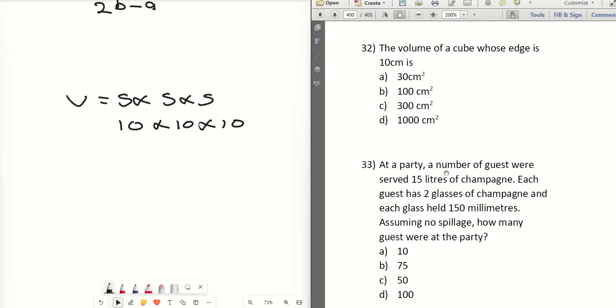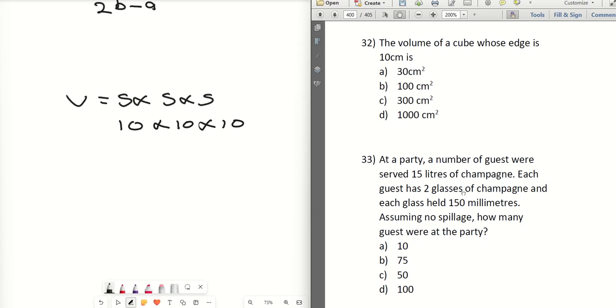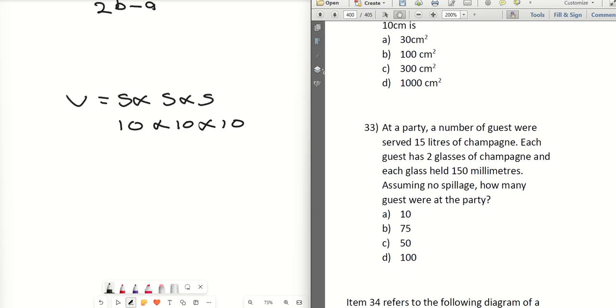33. At a party, a number of guests were served 15 liters of champagne. Each guest had 2 glasses of champagne and each glass had 150 milliliters. Assuming no spillage, how many guests were at the party? So for one person, that's 2 multiplied by 150 because they had 2 glasses and each glass is 150.